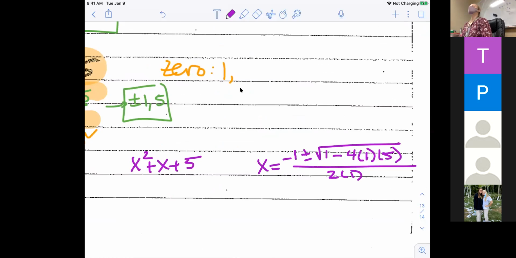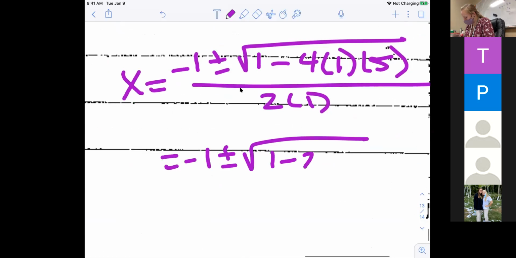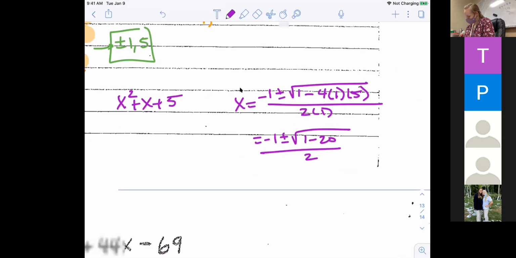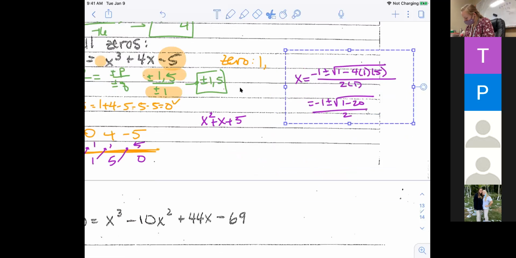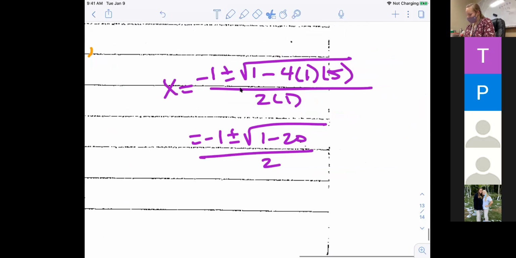Okay. I get negative 1 plus or minus 1 minus 20 over 2. If I've got 1 minus 20, that becomes negative 19. So I've got negative 1 plus or minus radical negative 19 over 2.